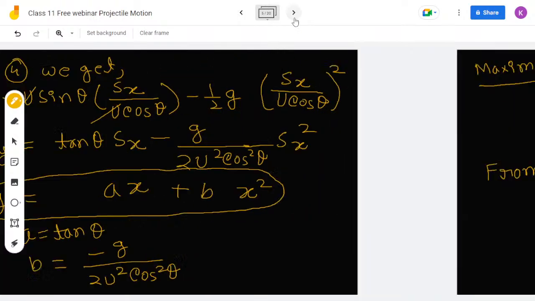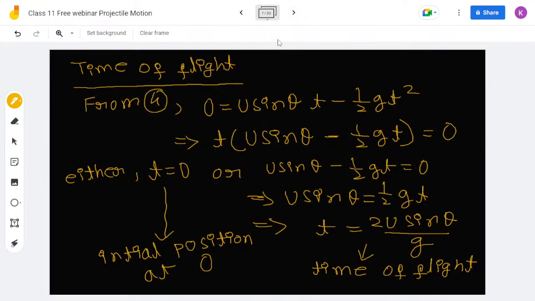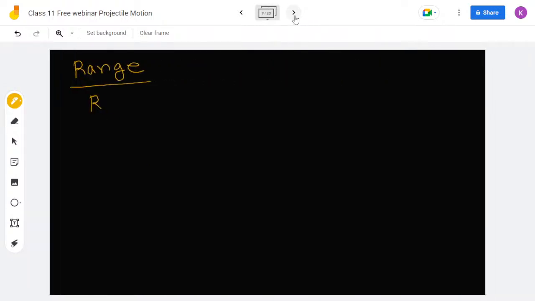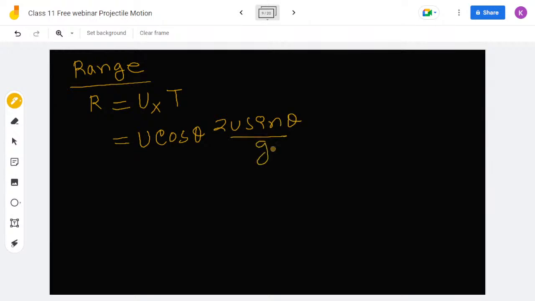And we have already determined what the total time of flight is. So from here we can calculate the range. The range, we write s suffix x as R, equals u_x multiplied by t, where u_x is the x component and t is 2u sin theta by g.